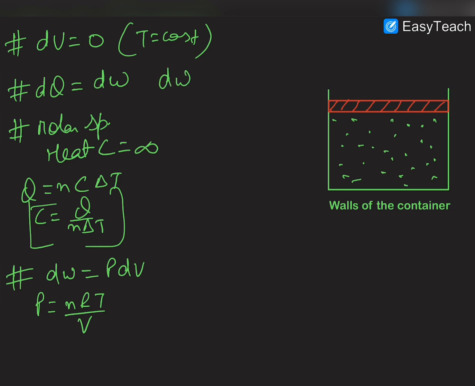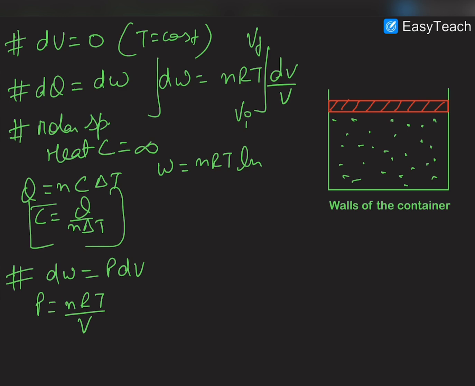So dW will be equal to nRT into dV by V. Integrating both sides, work done will be nRT, with volume limits from V initial to V final, so nRT ln V final by V initial. This is the work done in an isothermal process.